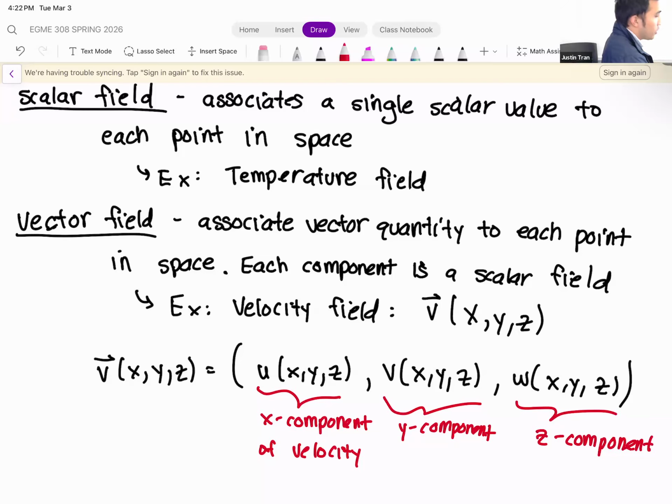So for mathematical purposes, you can treat each individual component of the vector field as a scalar field. Now they're not unique in the sense that they're all coupled in a way, right? The x velocity is going to change the y velocity, but that depends more on the governing equations. But at least for now, if you have a vector field, each of the components you can consider as an individual scalar field.